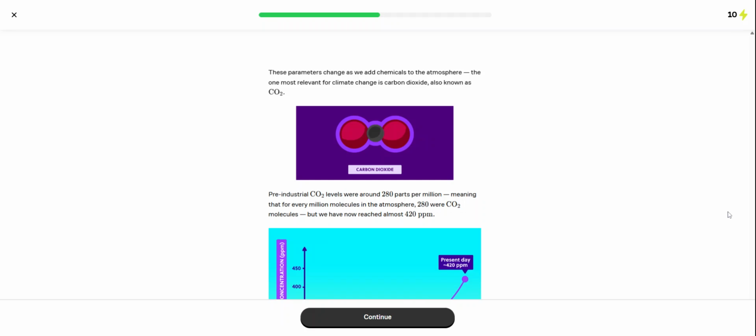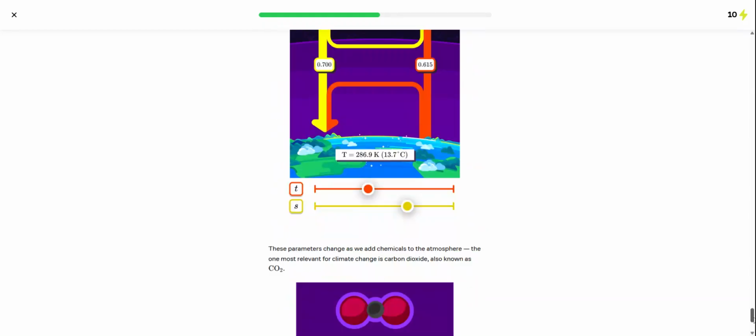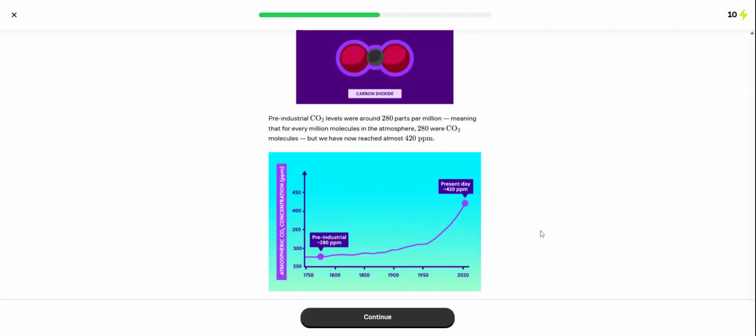Now these parameters change as we add chemicals to the atmosphere. The one most relevant for climate change is carbon dioxide, also known as CO2. Pre-industrial CO2 levels were around 280 parts per million, meaning that for every million molecules in the atmosphere, 280 were CO2 molecules.